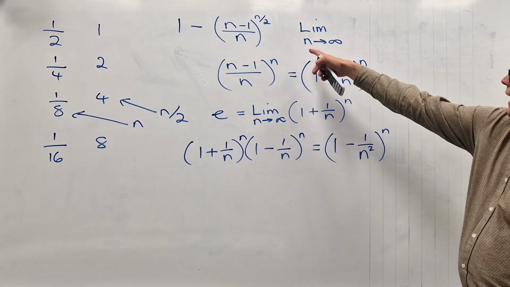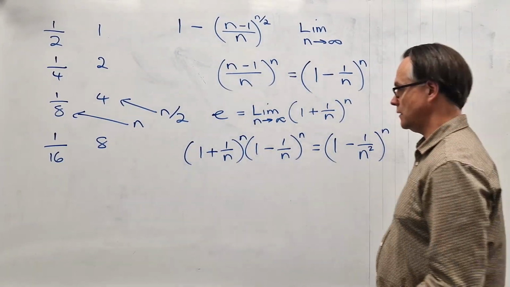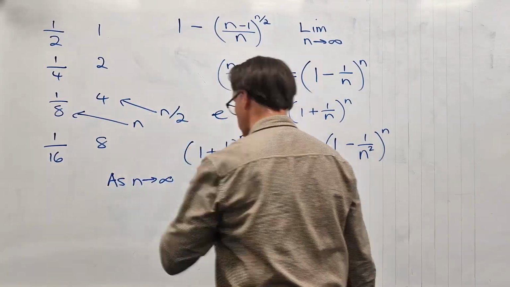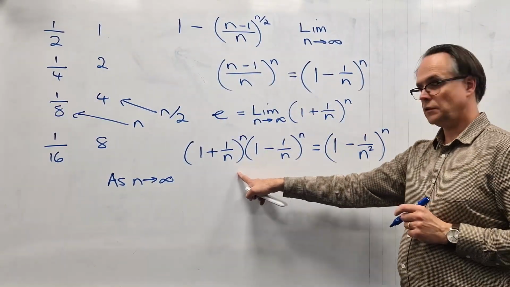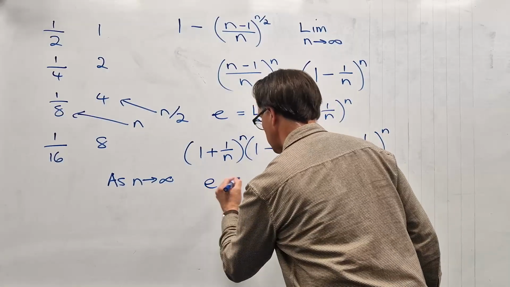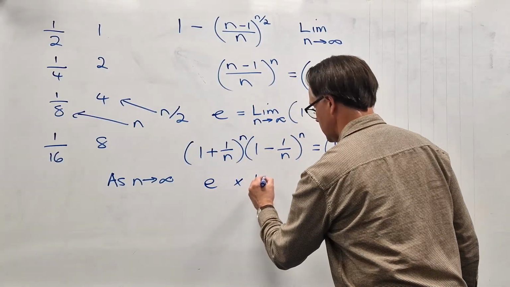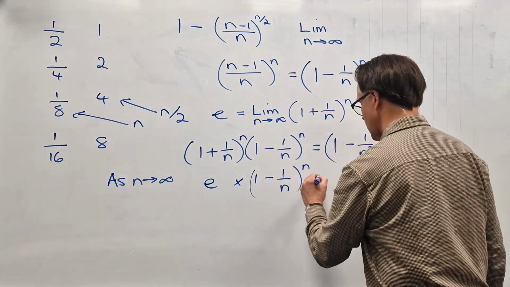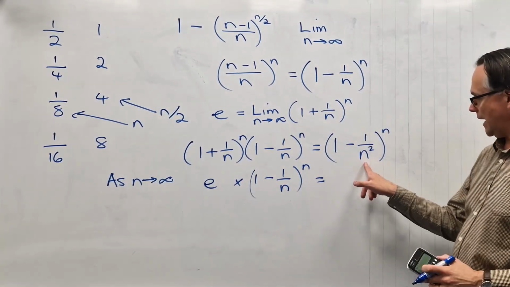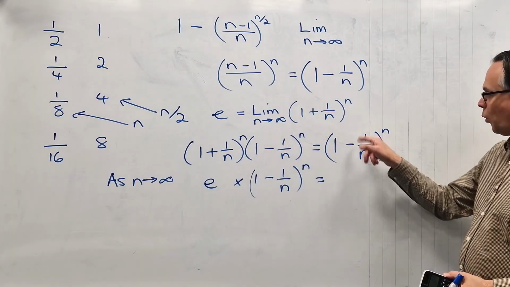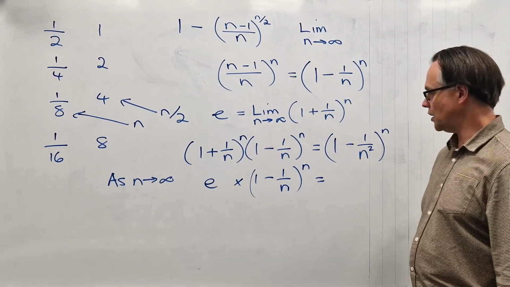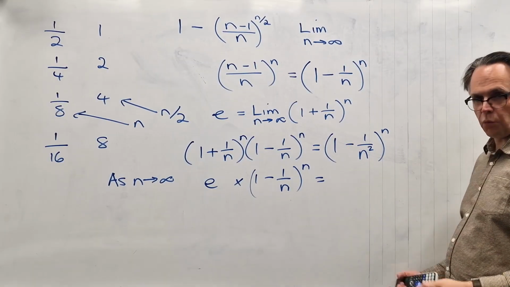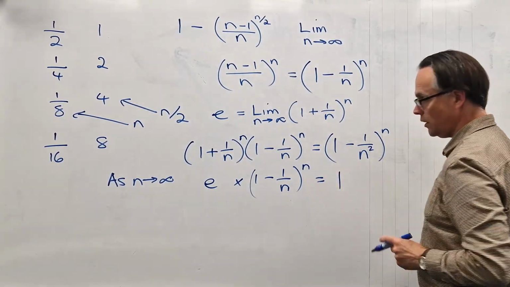Now if we let n go to infinity, this bit here will become e, this will become the thing that we're interested in still. And this side, if n gets infinitely big, then 1 over n squared will just shrink down to nothing. So this will be 1 minus 0, so 1 to the power n, and 1 to the power of anything is still 1, isn't it?